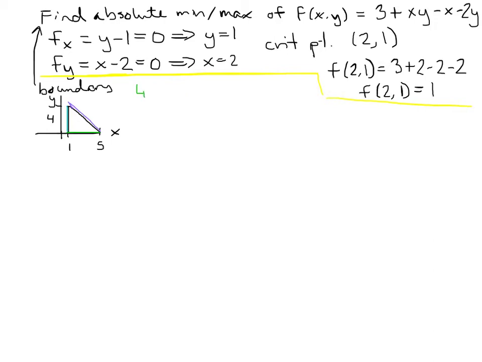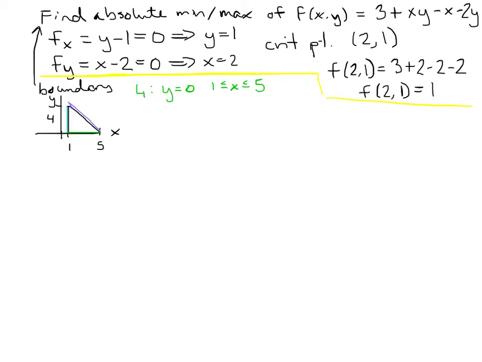So line 1. So the first thing that I do is define it. Now that line is the line y equals 0, where x goes from 0 to 5. So now if I take y equals 0 and plug it back into this function, I'm looking for the values of this function that are the biggest and the smallest.